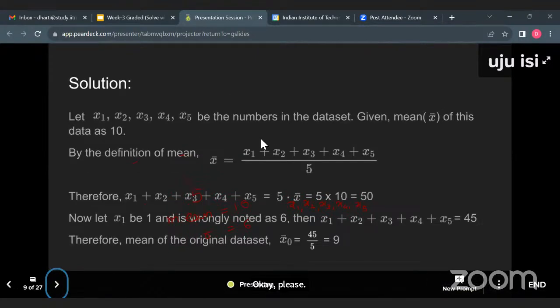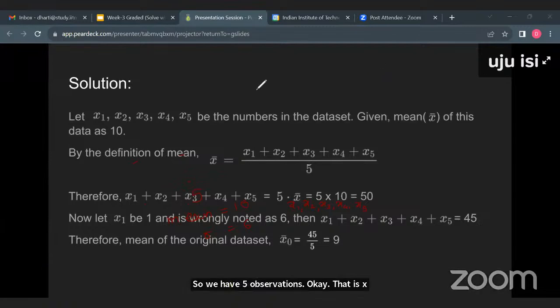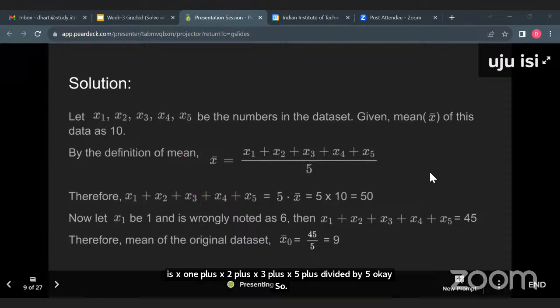We have 5 observations, that is x1, x2, x3, x4 and x5. We will write the mean of it. The mean is x1 plus x2 plus x3 plus x4 plus x5, divided by 5.